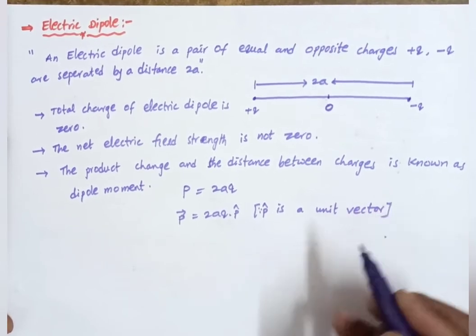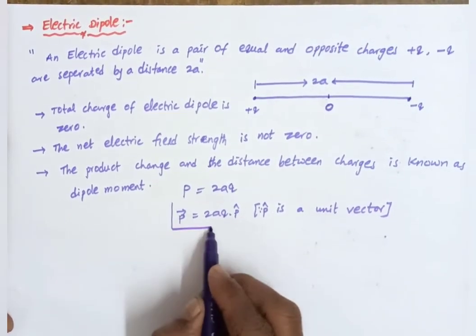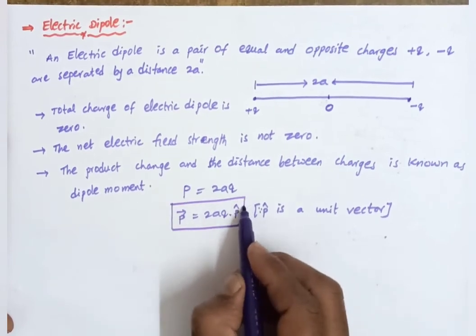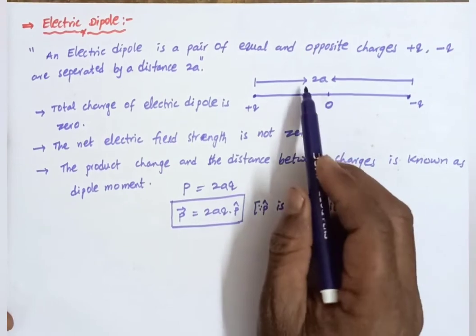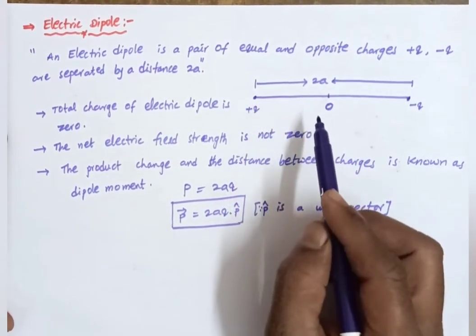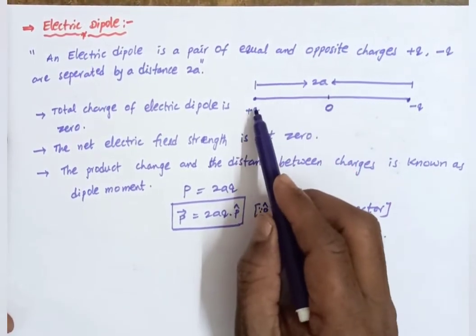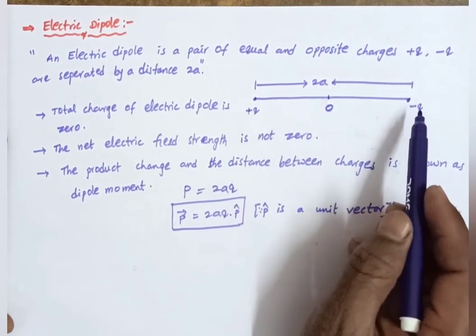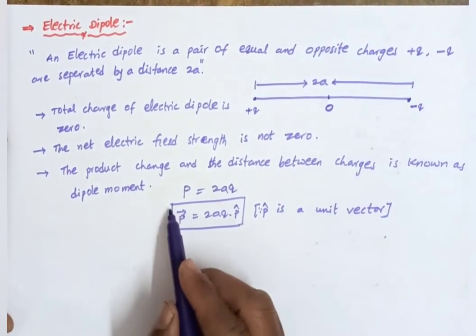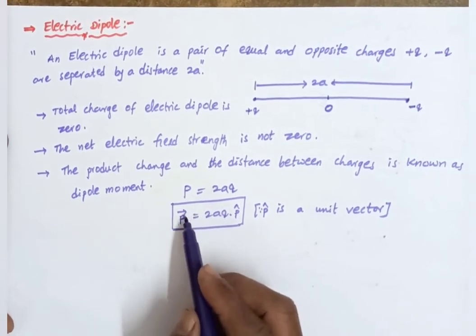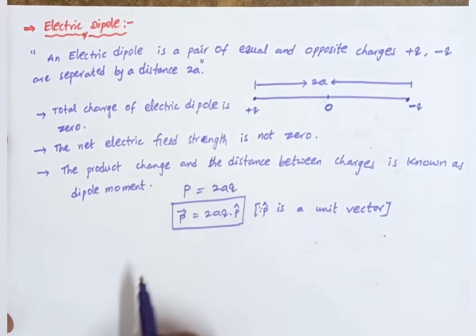This is the direction of the electric dipole, either the positive plus q side or the minus q side.